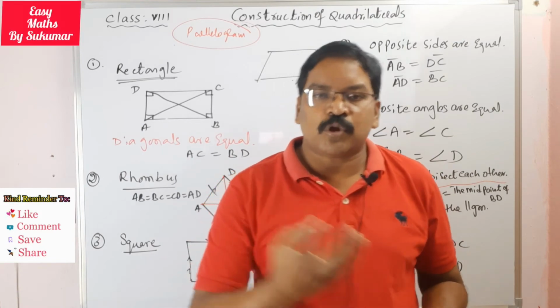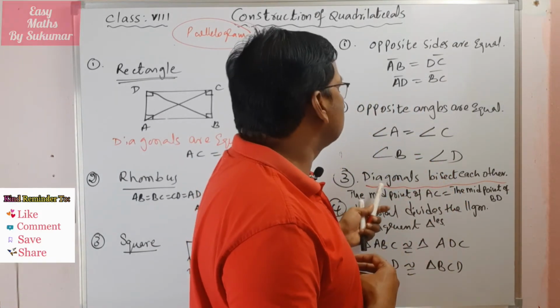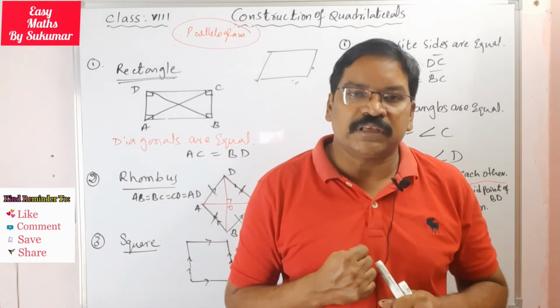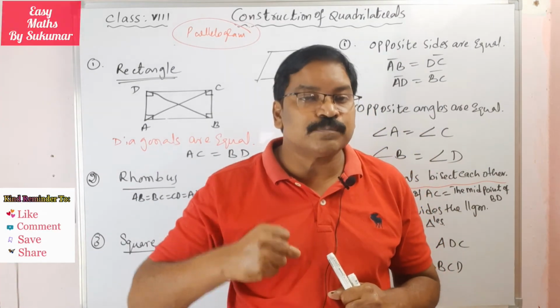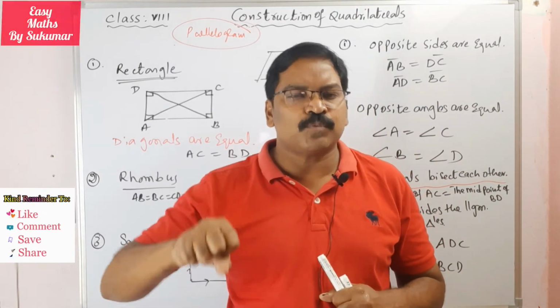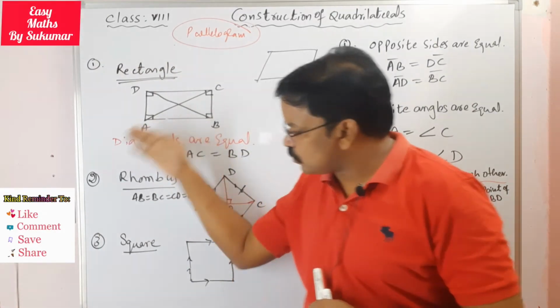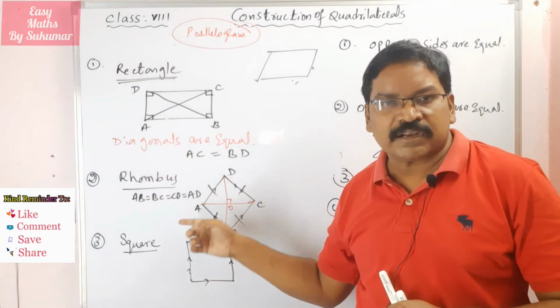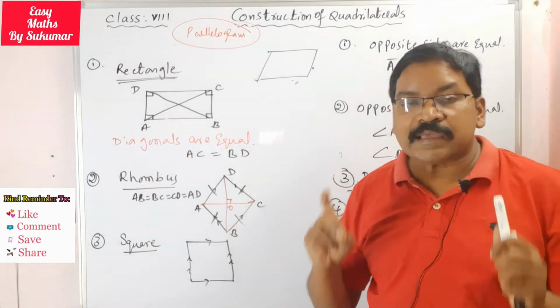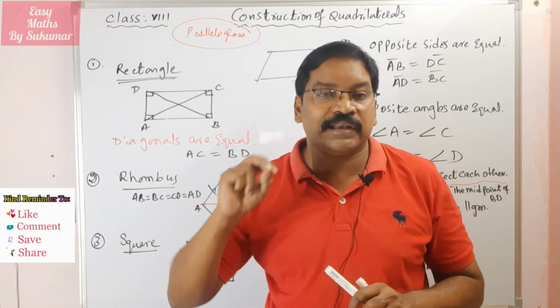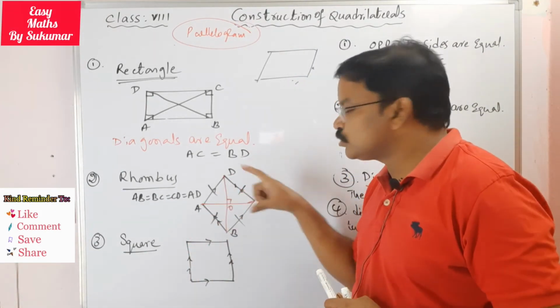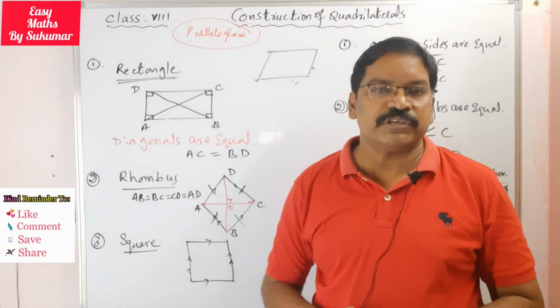Actually, the third property of a parallelogram is that diagonals bisect each other. This property is applicable for rectangle, rhombus and square. But here, additionally, the diagonals bisect at right angles. That means these two diagonals are perpendicular to each other.